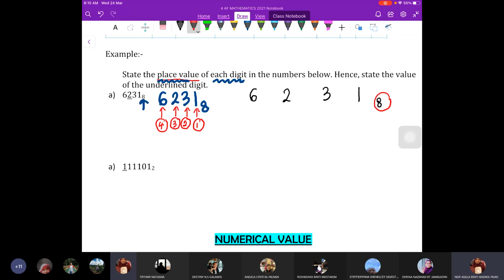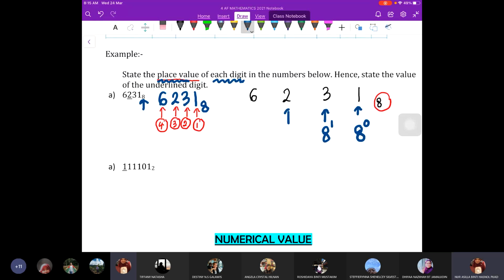Okay, so now we have base 8. Jadi, bila kita punya index number must be, base dia must be 8. So, kita start dengan nombor 1, which is our first digit. So, dia akan start, 1 ini adalah 8 to the power of 0. 3 pula adalah 8 to the power of 1.